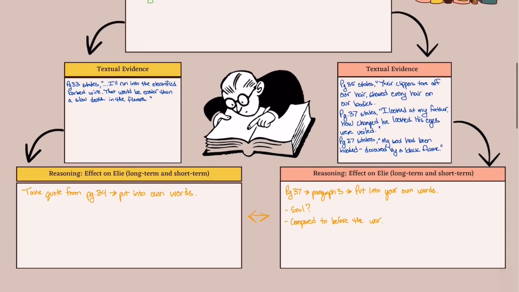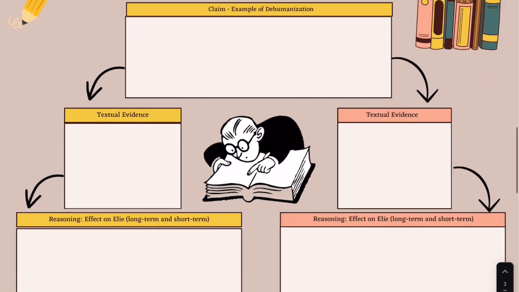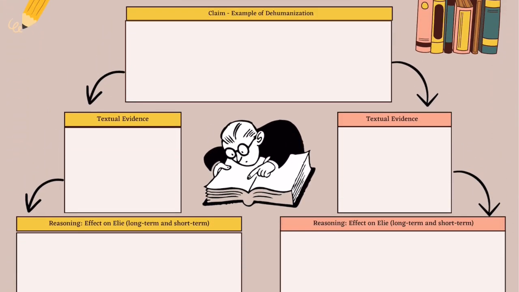Okay, let's move on. So here we are with the last body paragraph. And now there's so many things that we can touch on, right? We can touch on when they were marching from Auschwitz to Camp Buna or to Camp Birkenau, and Eli seeing the soldiers flirt with the girls and having their happy reaction while he sees his people marching in the cold.